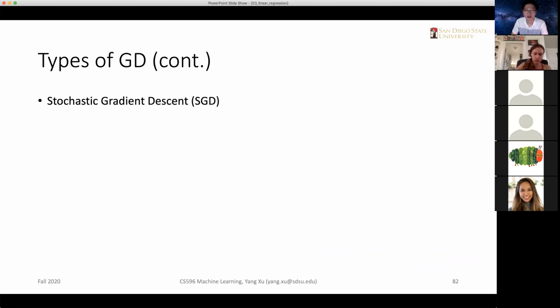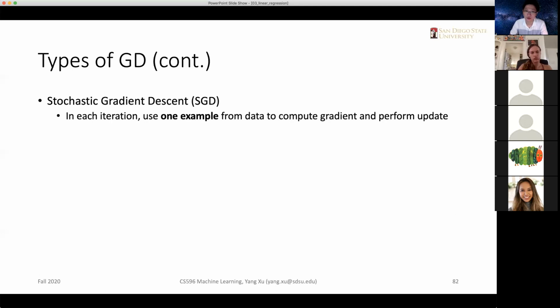There's a misunderstanding nowadays, or misuse of this term in a lot of places. Strictly speaking, stochastic gradient descent must use one example to compute gradients, and then perform the updates based on the gradients from that single example.